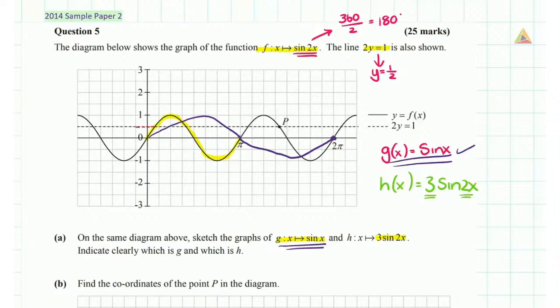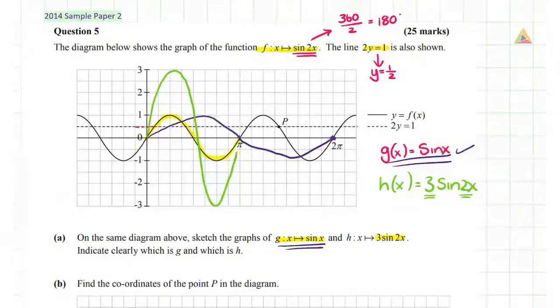But this 3, remember, that affects the amplitude. So that's going to stretch it vertically. So what we want in green is the exact same period, but we want to reach an amplitude of 3. So we're following the exact same shape and we're going back down to minus 3 and we're repeating ourselves after pi, or after 180 degrees. So again, something along those lines.